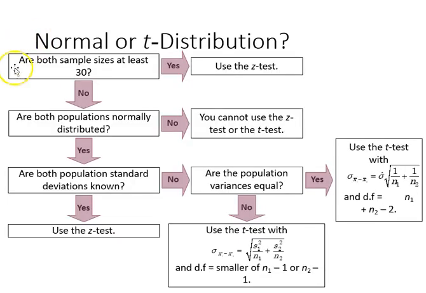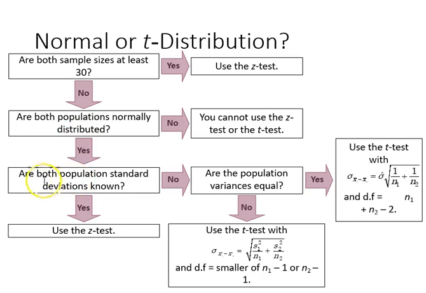This is our decision tree. We first have to determine our sample size in order to decide whether we're going to use a z-test. And again, that's if the samples are over 30. If they're smaller than that, we need to ask, is it at least normally distributed? If no, then you can't use either of those. We are assuming normality with these.